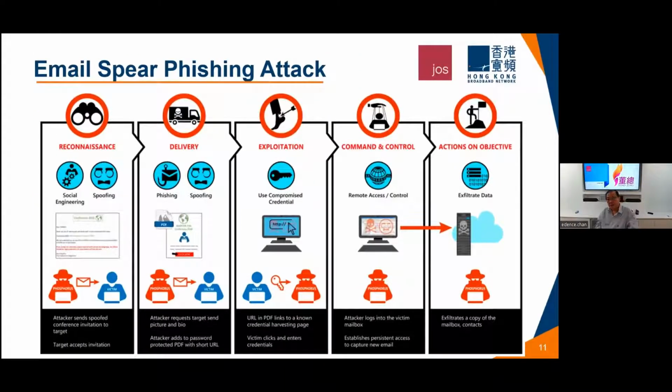Okay, now the reason why I want to share this process with you is that this is a typical process cyber criminals use to launch an email phishing attack. First thing they do is they have a team to do reconnaissance or recce, where they identify potential victims to be attacked.